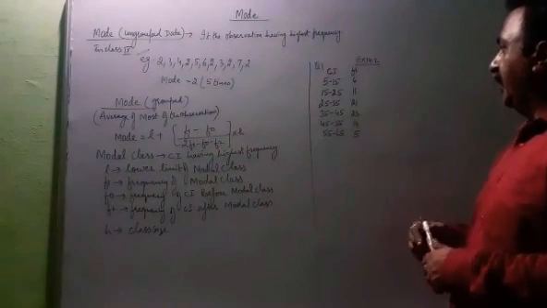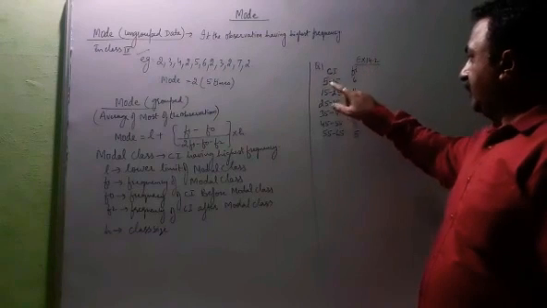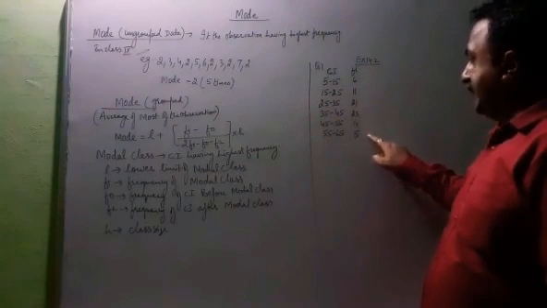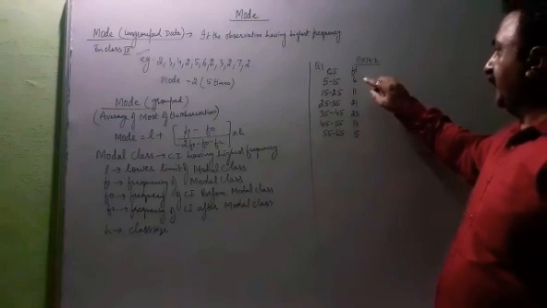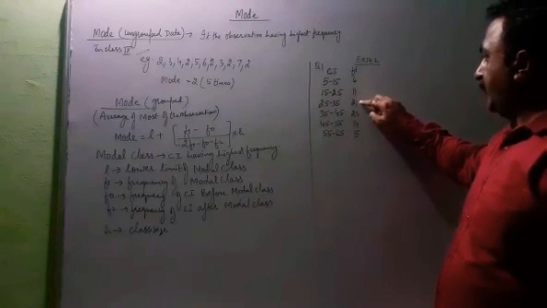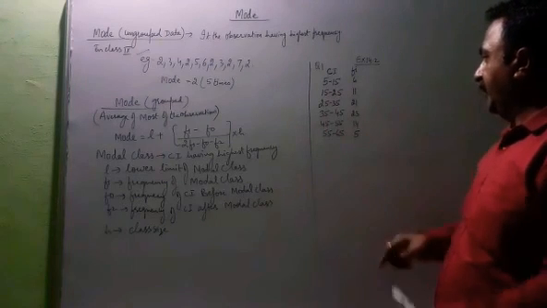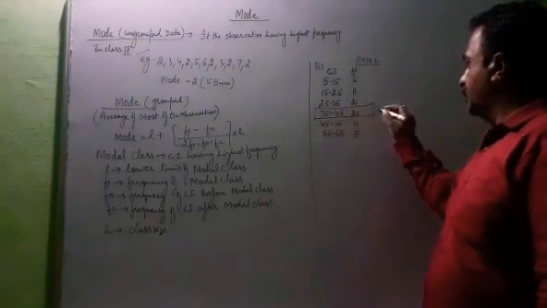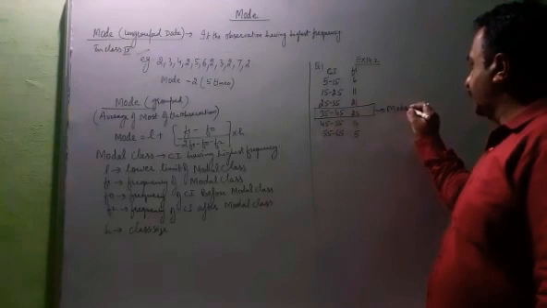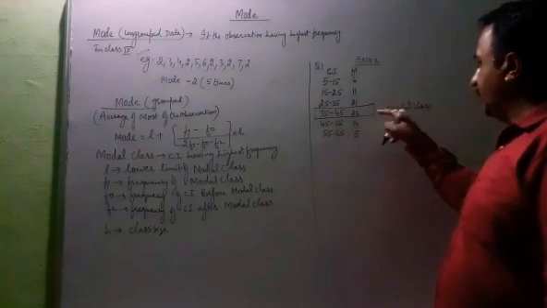Now, first of all, these are the intervals and this is the frequency. So you have to select the interval having the highest frequency. Look at the frequency line: 6, 11, 21, 23, 20, 14 and 5. So which is the highest frequency? It's 23. So this is your modal class. Everything depends upon this.